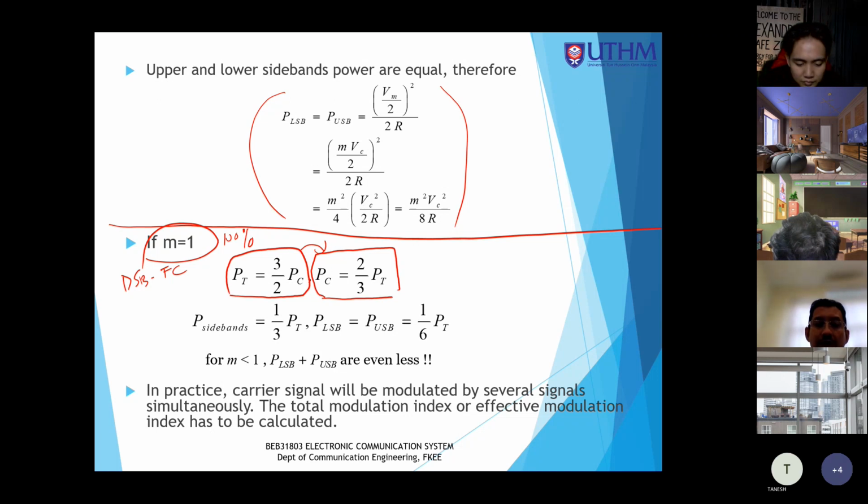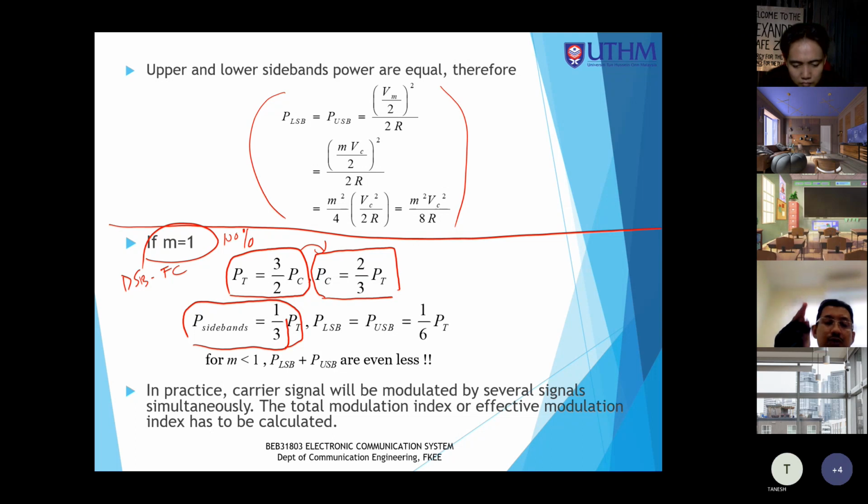Kalau macam tu, maknanya bakinya adalah 1/3. Bakinya 1/3 adalah untuk sideband. Kedua-dua sideband. Upper and lower. Hasil tambah upper dengan lower, dia dapat bakilah 1/3 untuk kedua-duanya sekali.